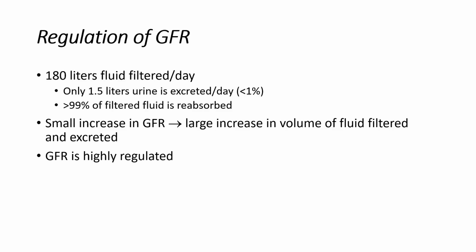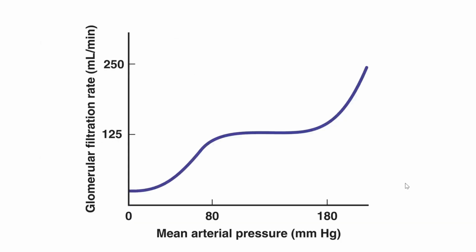And so we want to keep GFR at 125. It's really important that we keep GFR at 125 to prevent extreme loss of fluid, which would happen if we raise GFR even slightly above that 125. Okay. So this just illustrates that tight regulation of our GFR.